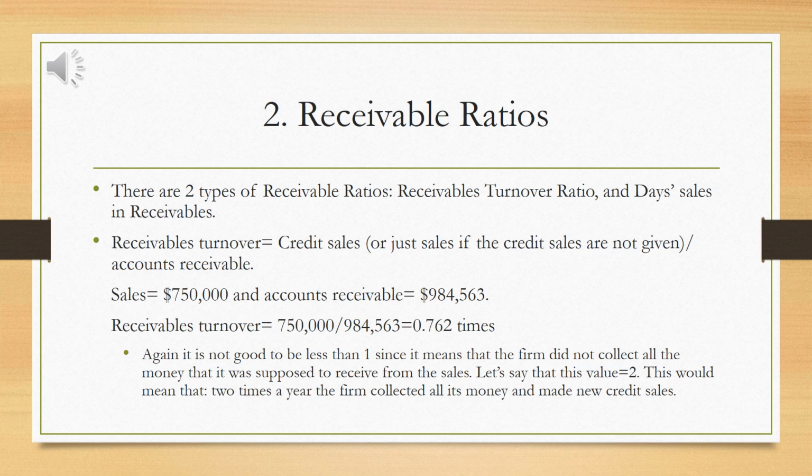Again, it is not good to be less than 1, since it means that the firm did not collect all the money that it was supposed to receive from the sales. Let's say that this value is 2. This would mean that 2 times a year the firm collected all its money and made new credit sales.